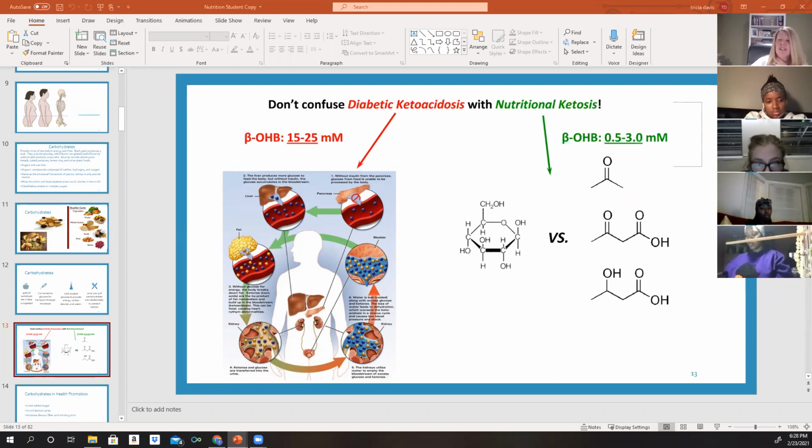It occurs in patients with type 1 diabetes who have not taken enough insulin. It can also happen to type 2 diabetics where they're left uncontrolled. DKA develops when the ketone levels in the patient are approximately 10 times the level that you would see in nutritional ketosis. So everything's really out of whack.